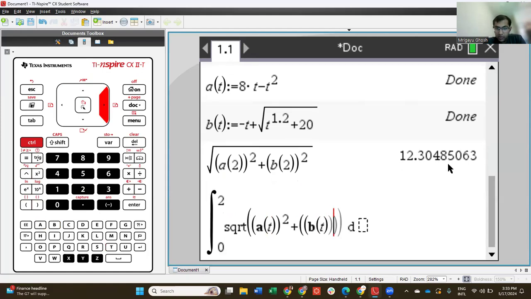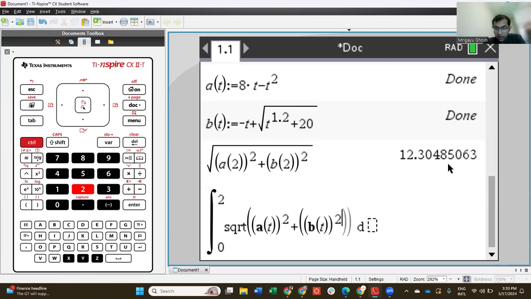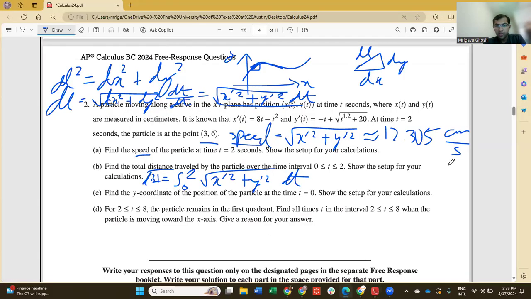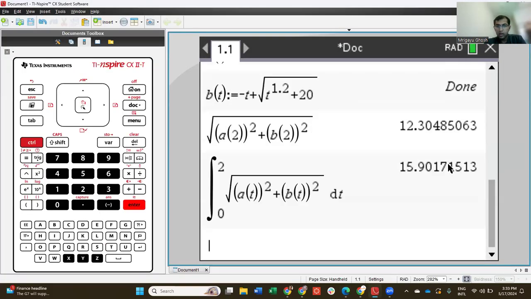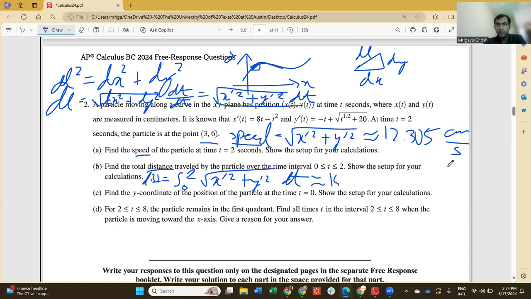Maybe I put too many parentheses, but that's fine. Okay, dt. I believe I've typed everything in correctly, and it's 15.902. So approximately 15.902 centimeters in that interval.